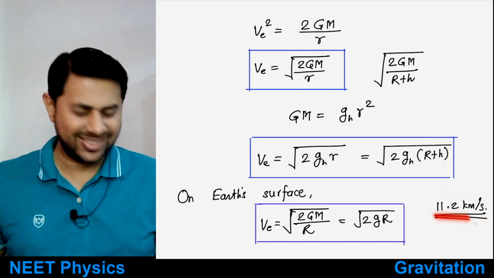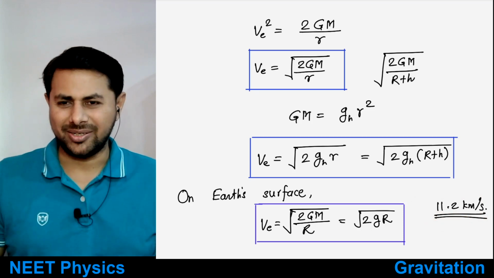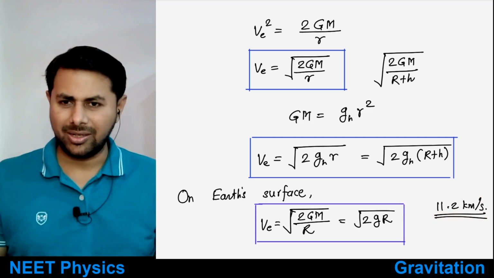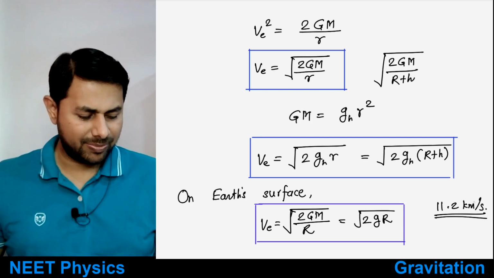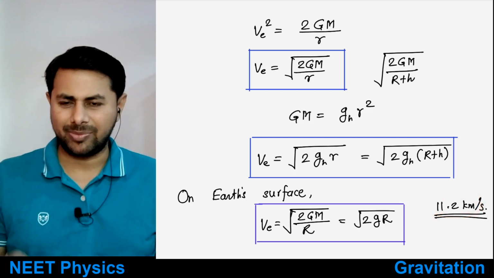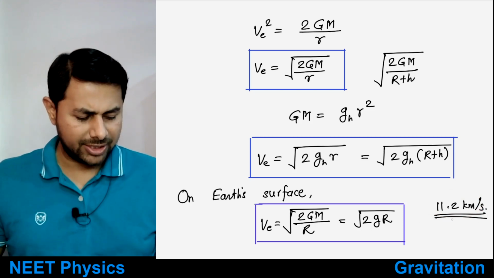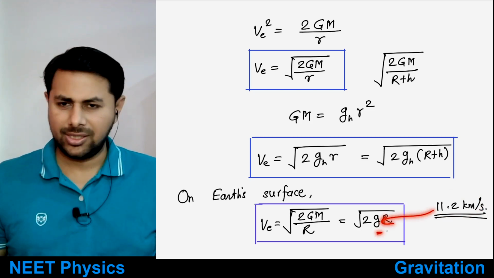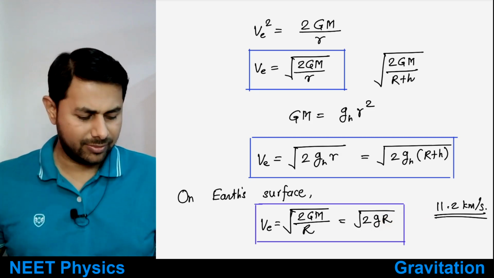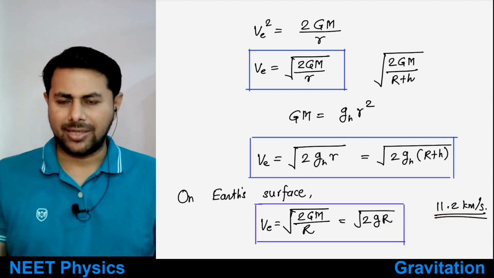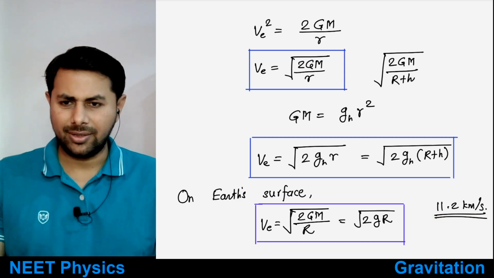So what is this thing? This is the escape speed on the Earth surface. You want to throw something from Earth surface so that it will never come back. So speed must be 11.2 kilometers per second. How do we know? We can just substitute values over here. g is equal to 9.8 and R is equal to 6400 kilometers. Then we get this value.